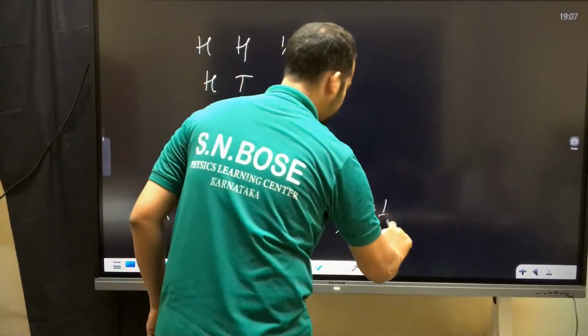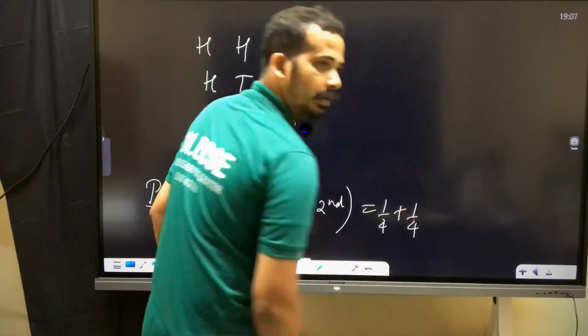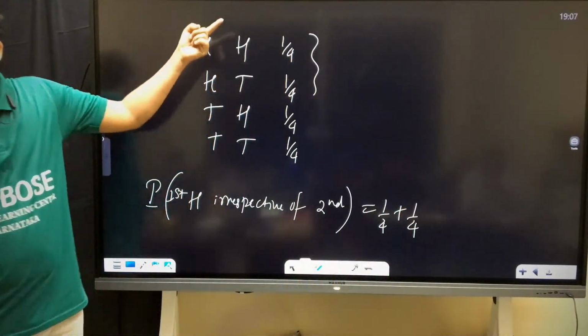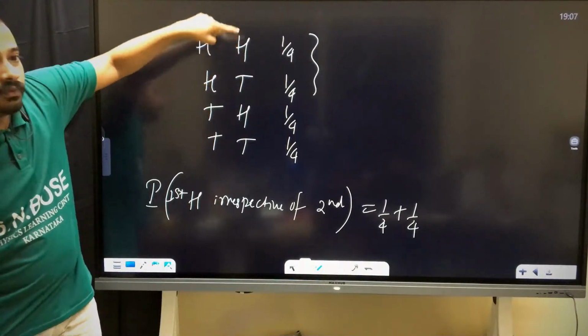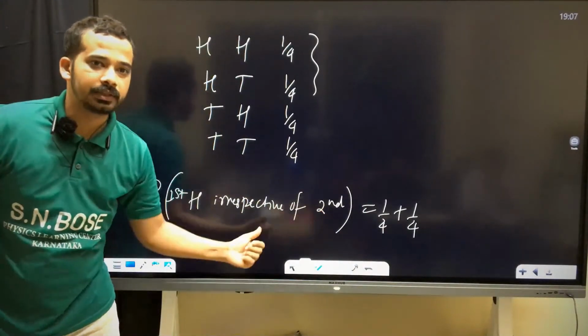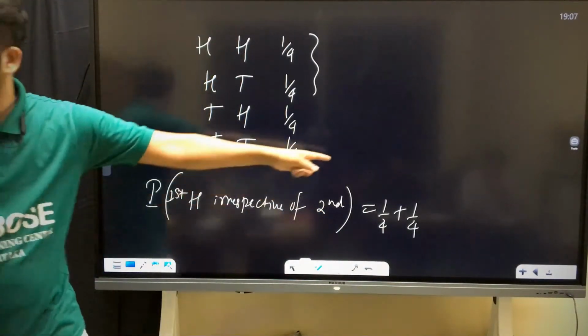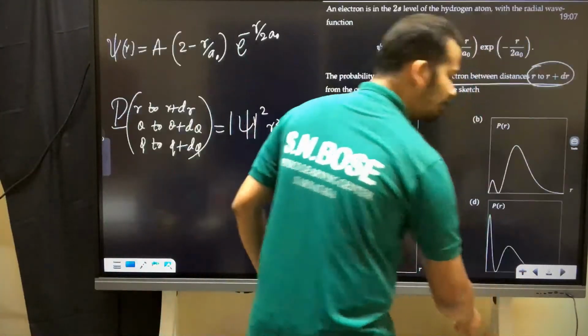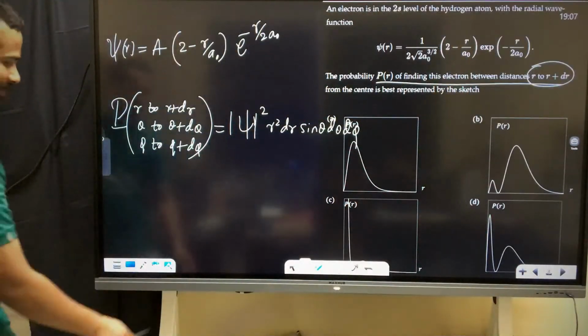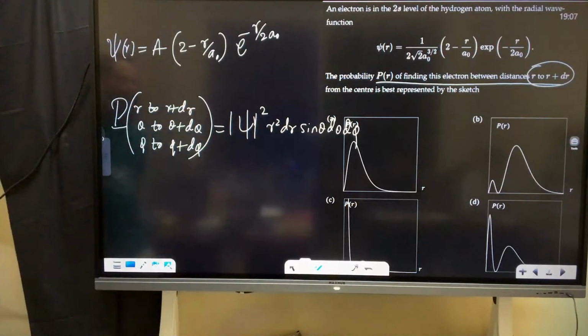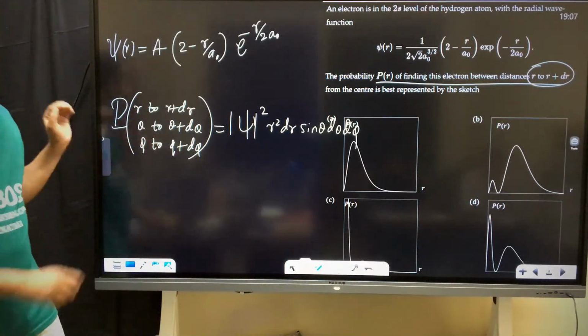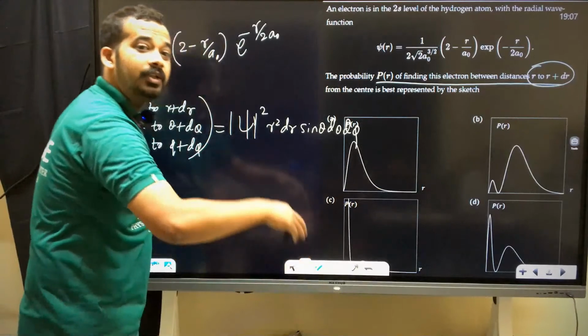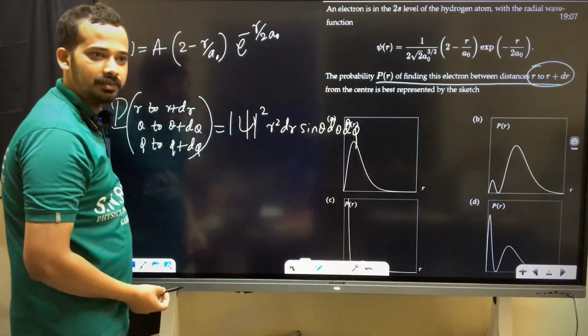You have to write 1/4 plus 1/4. That means you need to add the probabilities corresponding to different second outcomes. You will understand this next week, from tomorrow. Like that, here, if you integrate with respect to theta and phi, it will be irrespective of theta and phi. That's what I'm saying.